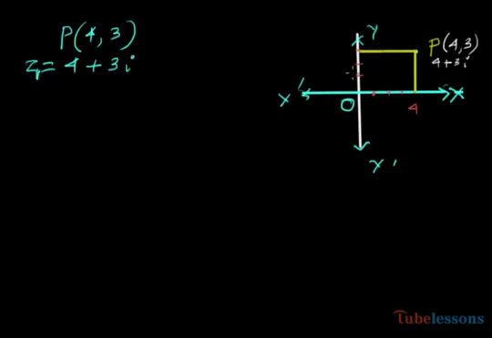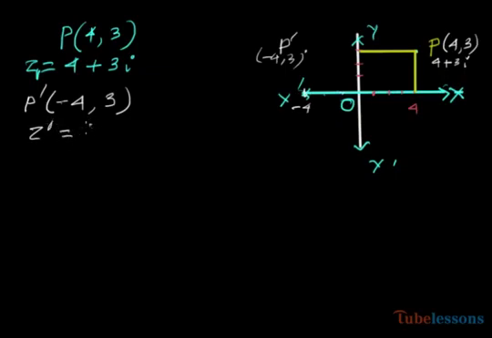Similarly, the point P dash, which is minus 4 and 3, represents the complex number Z dash, which equals minus 4 plus 3i.